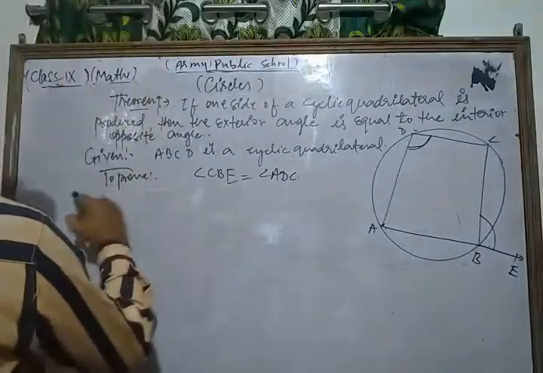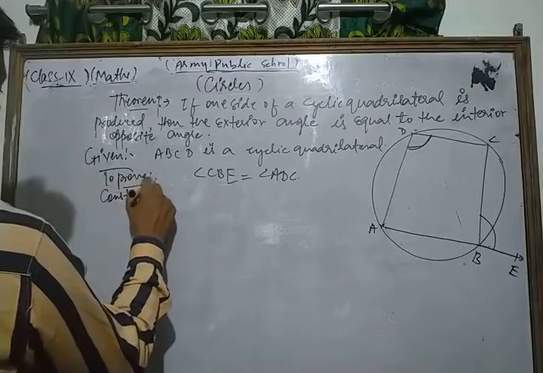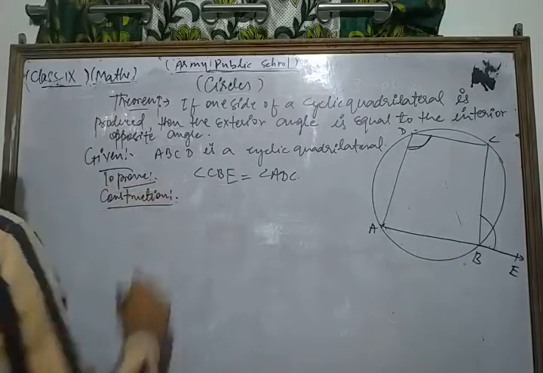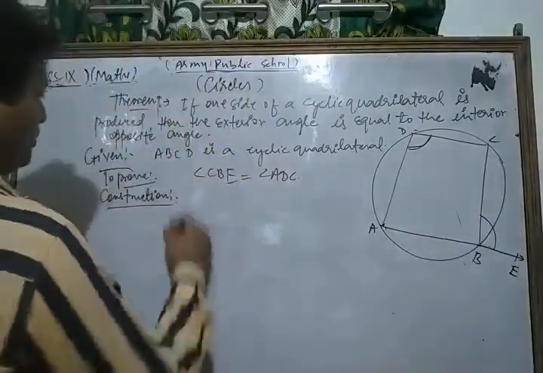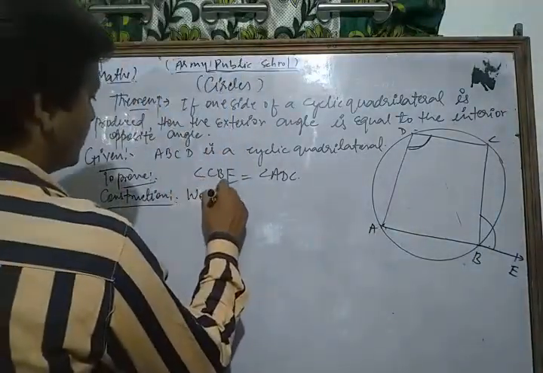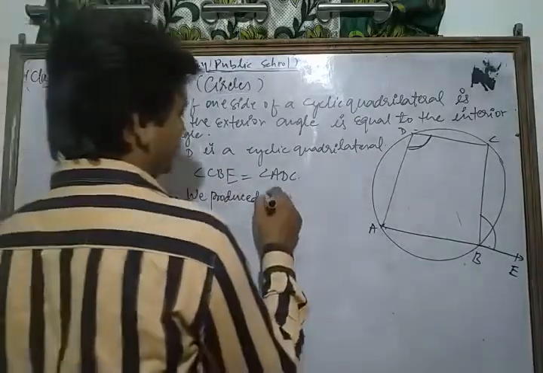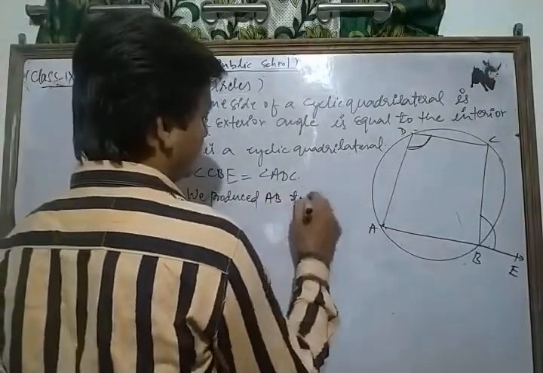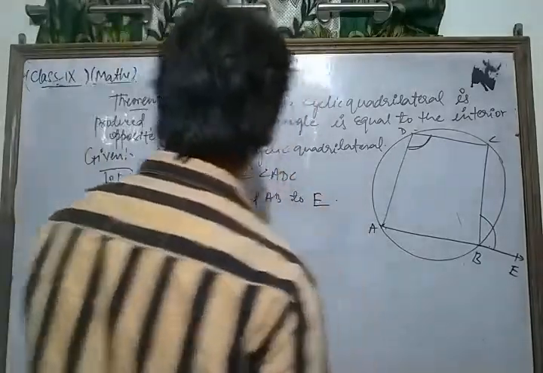Now we write construction. What is the construction in that figure? We produced AB to E. Now let's see its proof.